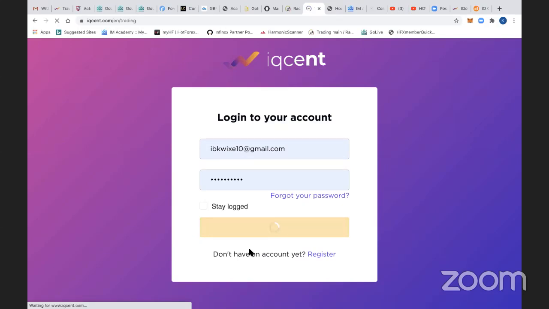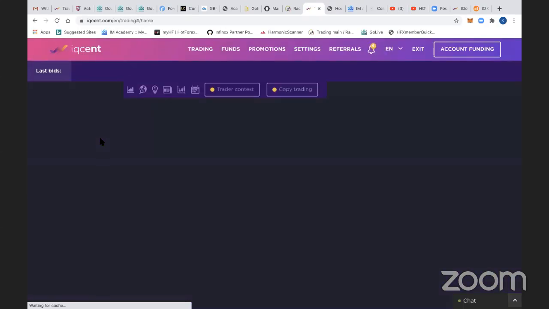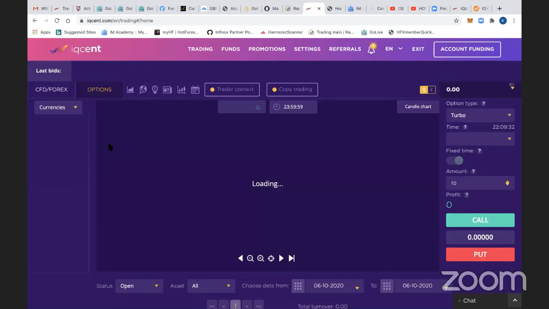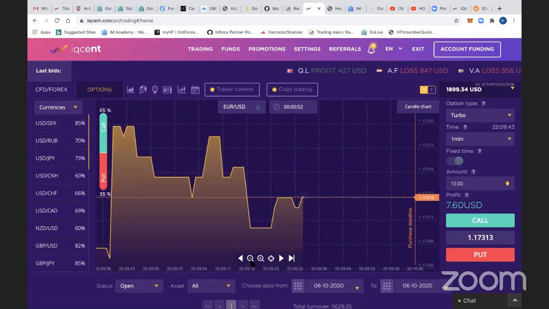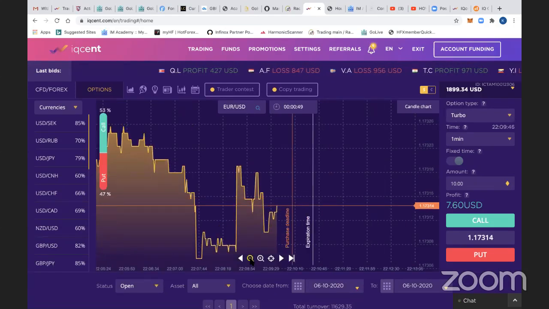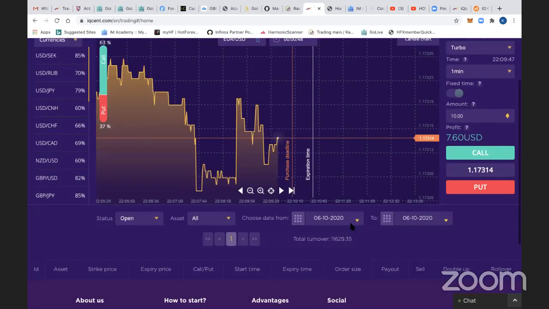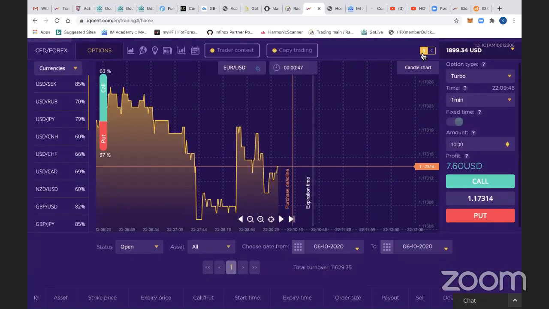Are you guys getting it? Put in a 222 in the chat if you're getting it. There's a little bit of money in this account.